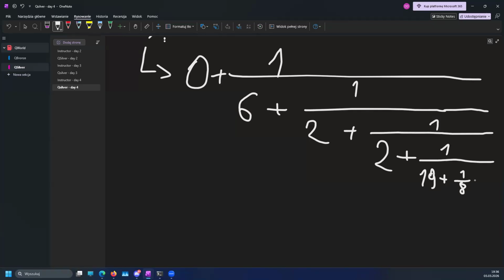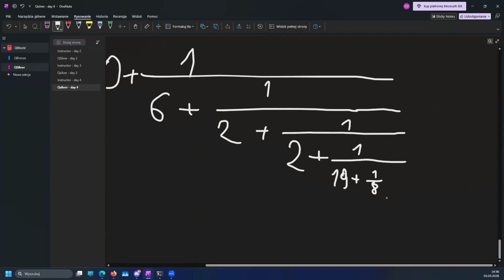And okay, so we continue until we get 1 here in the upper part. If you revert it, there will be like 8 plus 0, yes?